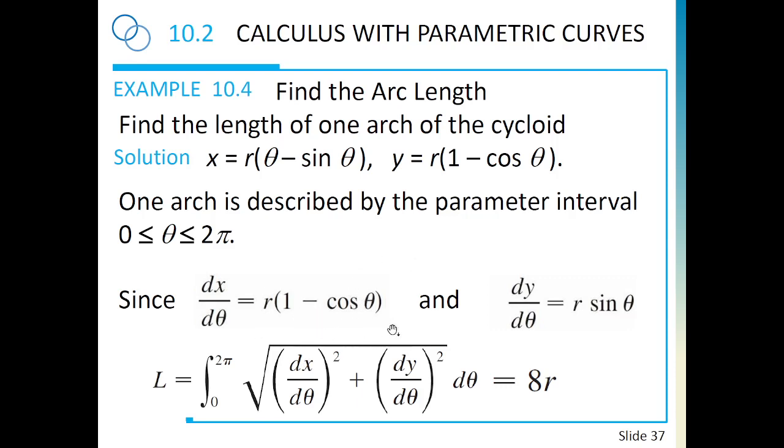So the formula here, we need the derivative of x and the derivative of y, we square them, take the radical, and we integrate between 0 and 2 pi. So that's the expression. We set up the integral quite easily. Now how do we get 8r as a result? Well, that's another story.